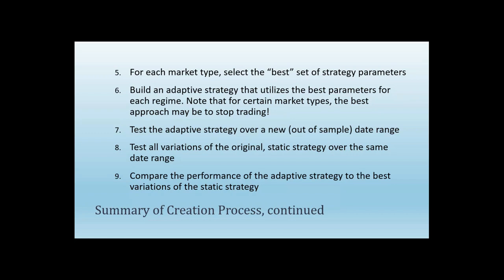And then finally, we're going to rerun the optimization of the original static strategy over that same date range. And that's so we can compare how those variations did over this new time period versus how our adaptive strategy did over that time period.